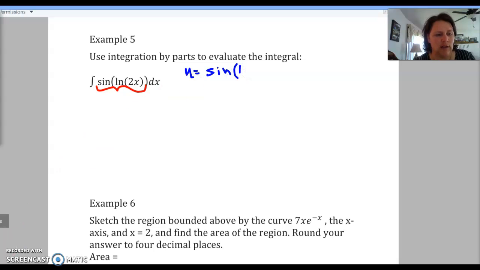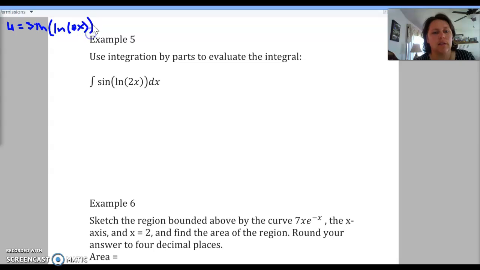And actually, I'm going to write that up here, because I definitely think I'm going to need a lot of room for this one. Okay, so u equals the sine of the natural log of 2x, and then let's say dv equals dx, so therefore v equals x.